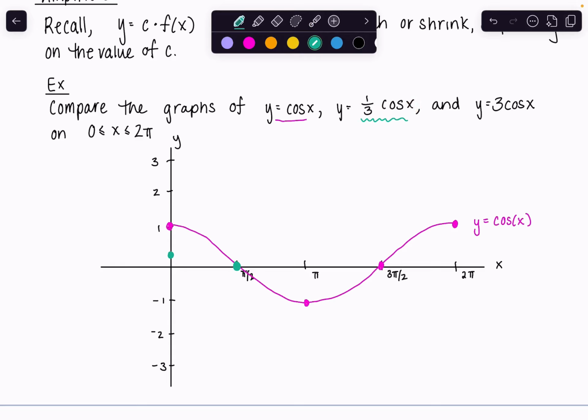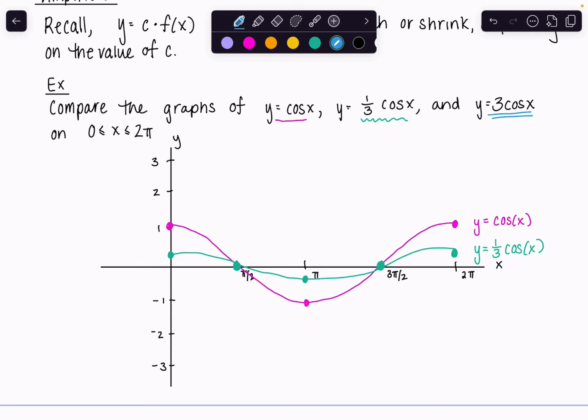So timesing it by 1/3 gives you -1/3, which is around here. Evaluating this at 3 pi over 2 gives you 0. So timesing it by 1/3 does nothing. And then back to 2 pi, it's the same thing as 0. Its output will be 1/3. So this shrinks that graph and makes it a less sharp curve. Okay.